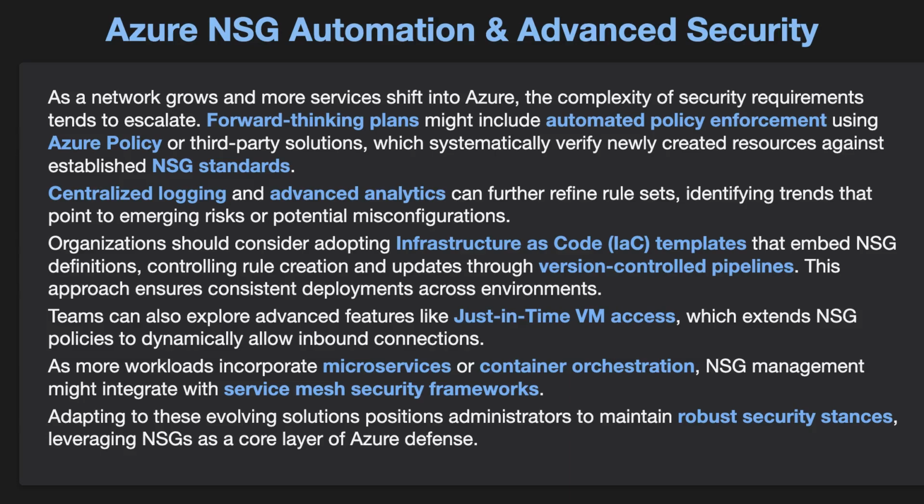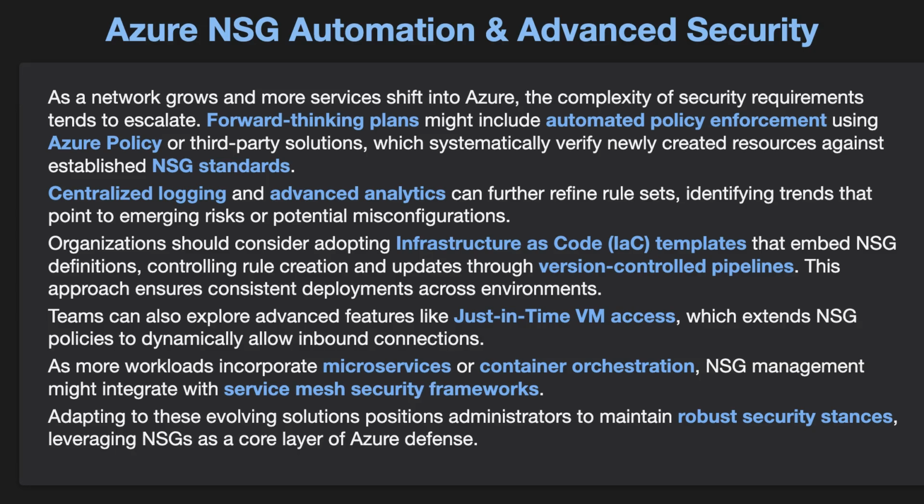As a network grows and more services shift into Azure, the complexity of security requirements tends to escalate. Forward-thinking plans might include automated policy enforcement using Azure Policy or third-party solutions, which systematically verify newly created resources against established NSG standards.